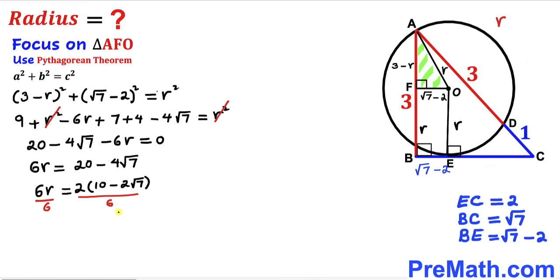And now I'm going to divide both sides by 6 to isolate radius r. This 6 and 6 is gone. So therefore our radius lowercase r is going to be equal to, we could see 2 and 6 reduced to 1/3. So therefore our radius lowercase r is going to be 10 minus 2 times the square root of 7 all over 3 units.